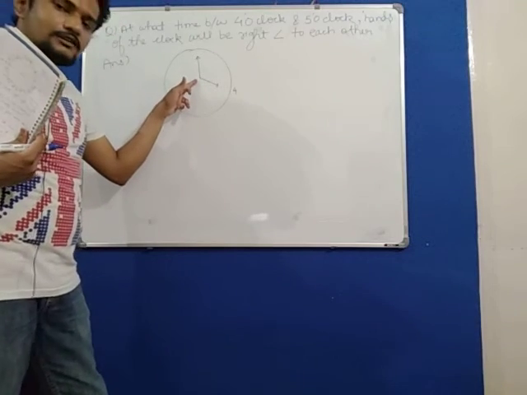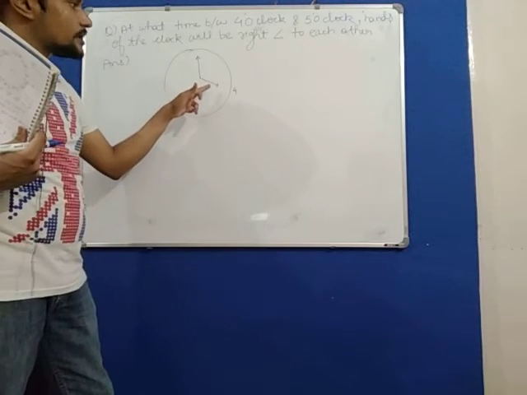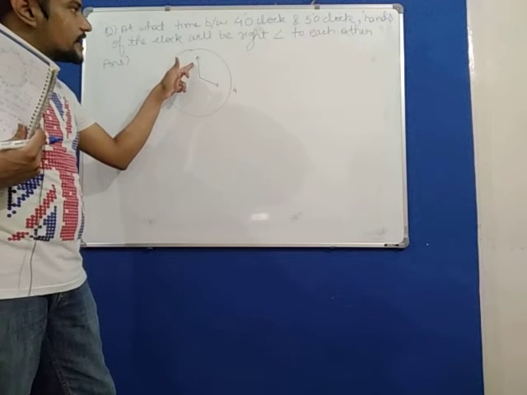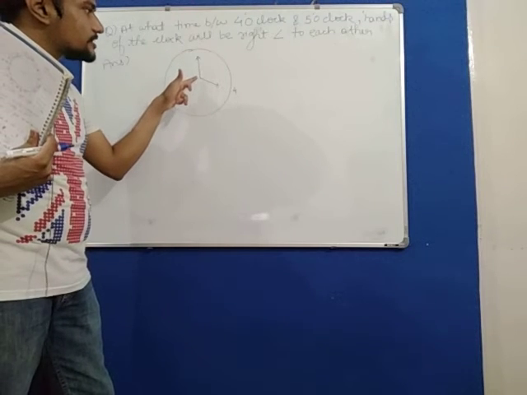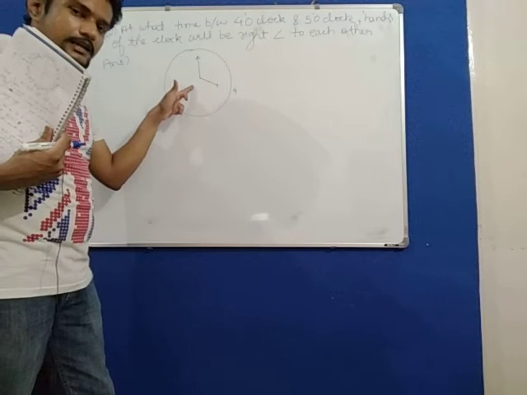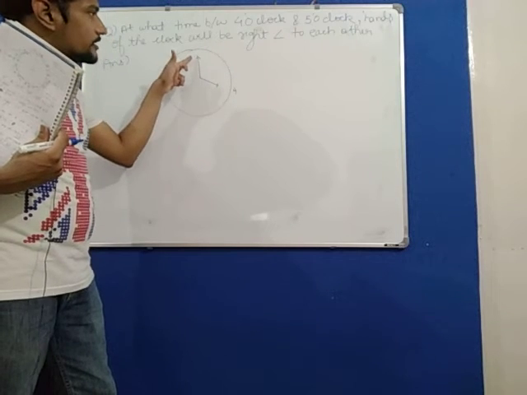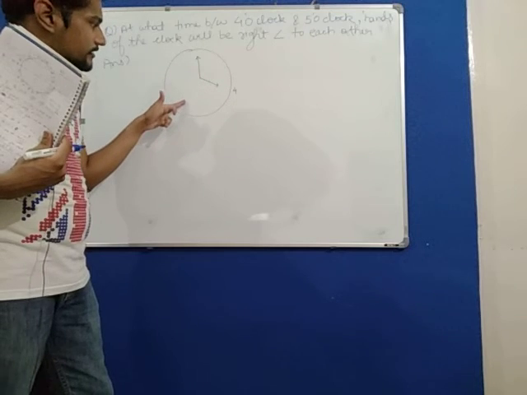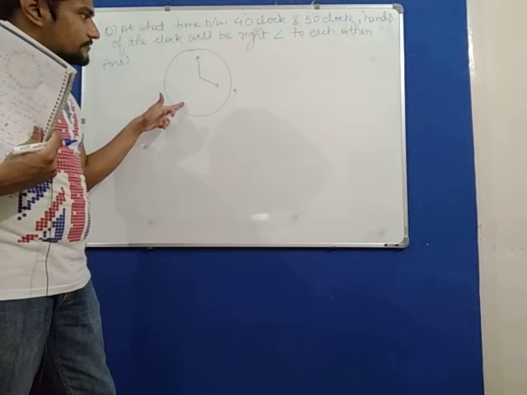Now again we are going to assume that the hour hand is constant at 4 o'clock position. For a right angle to be there between the hour hand and the minute hand, it is possible either when the minute hand moves 5 minute spaces, then the angle between them will be 90 degrees, or the minute hand completes this round and comes here, that is at 7.